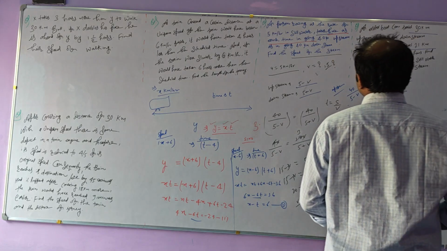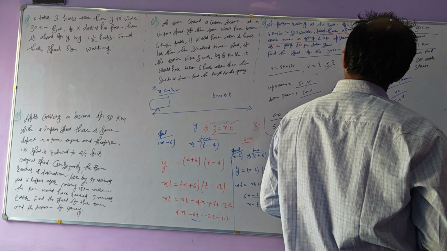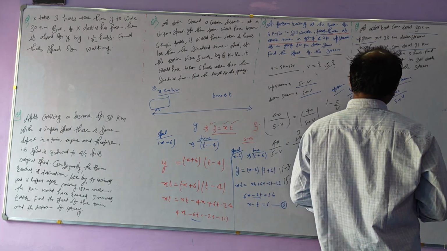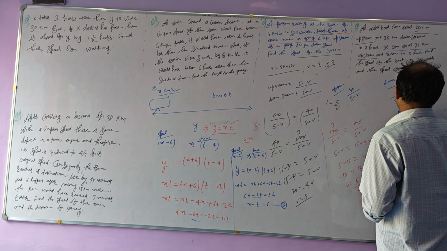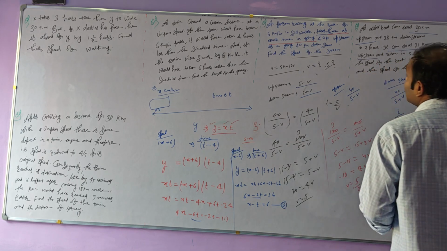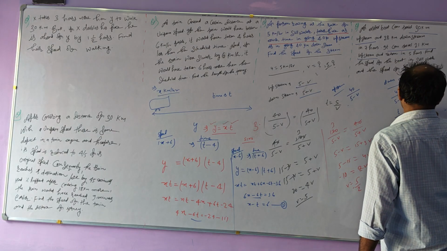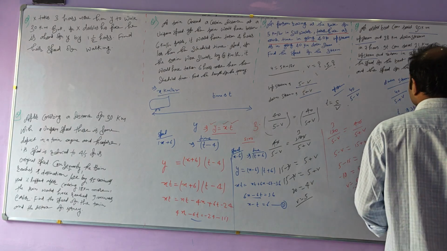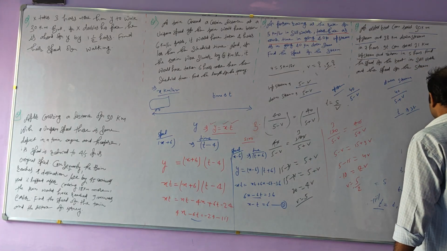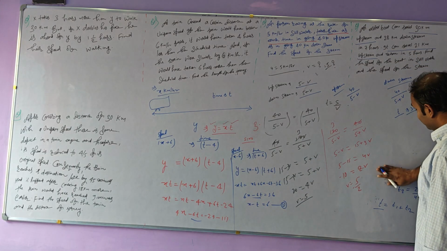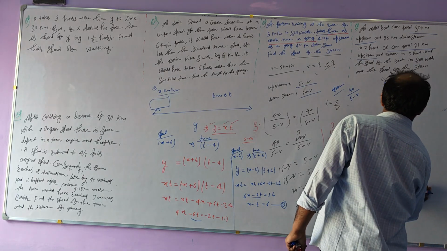If downstream takes t time, then upstream takes 3t. That means if downstream takes t time, then upstream takes 3t.